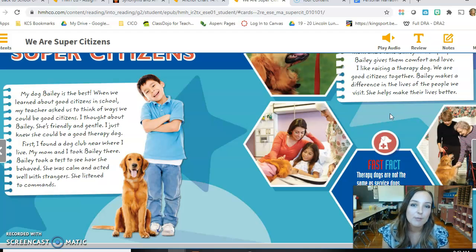A service dog helps people, for example, maybe people who are blind and they can't see. A service dog will help them kind of get around safely. So our character in this story has a dog named Bailey, who's a therapy dog. So I want you to think for just a minute, how is Bailey being a super citizen?